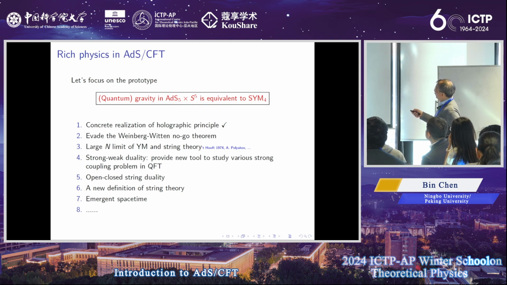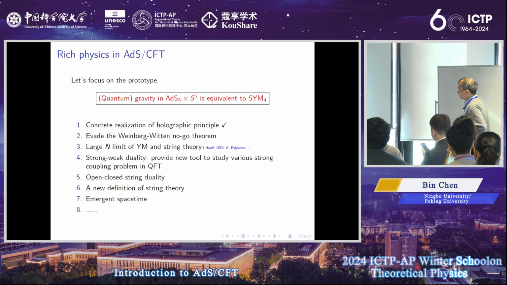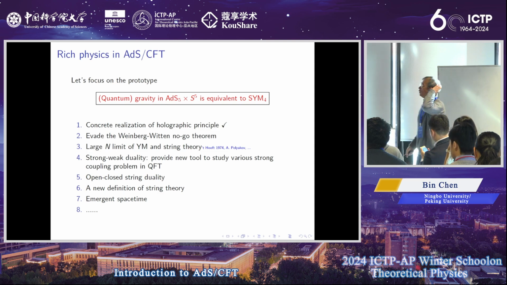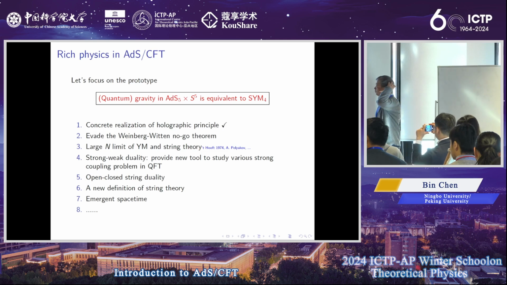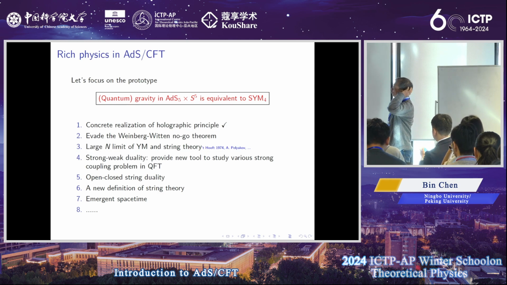Also, I will show you it evades the Weinberg-Witten no-go theorem and some other important ideas in high-energy physics and string theory. The gauge group here is SU(N), but you have to take the large N limit.